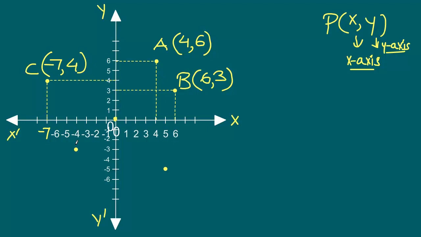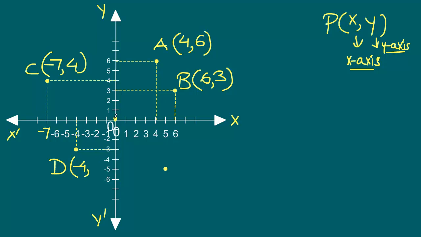Now let's find out the 2 remaining points. For the next point, it's the same step. Let's call it D. We drop the 2 perpendiculars. The first one is how far along the x-axis. This point is -4, right? So this is minus 4, comma, how much along the y-axis? This is minus 3.